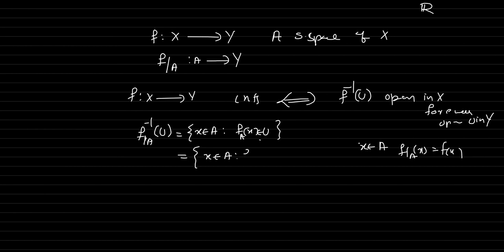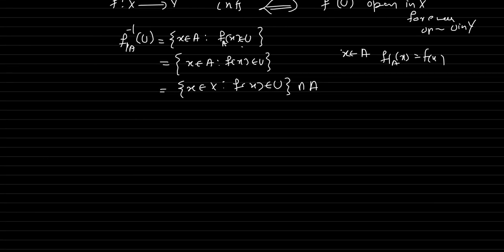So we can write f of x belongs to U, and this is the set of all x belongs to X such that f of x belongs to U intersection A, and this set is f inverse of U intersection A.